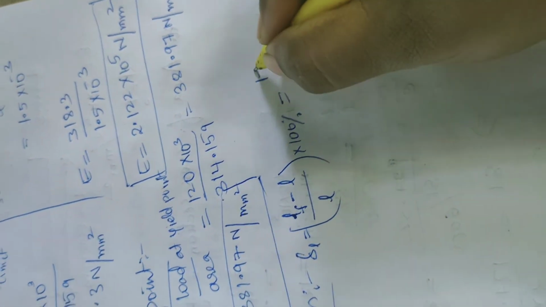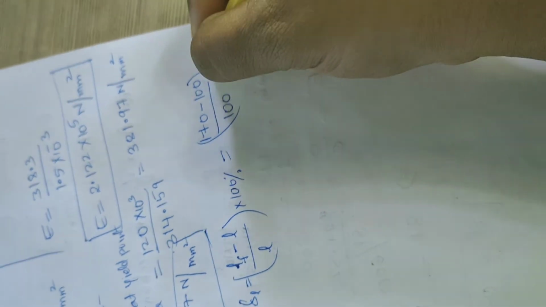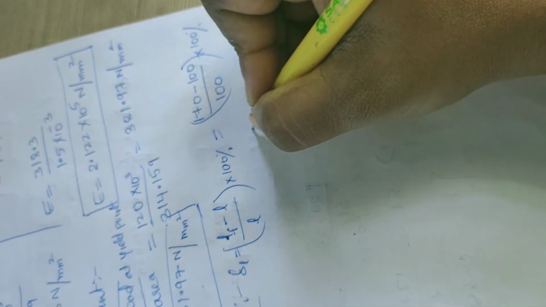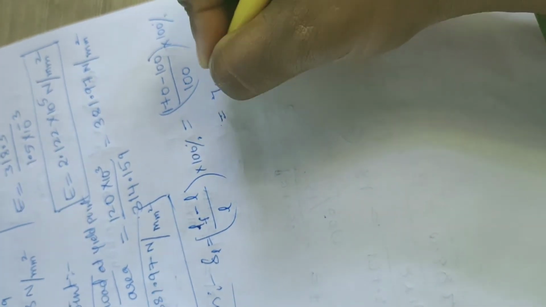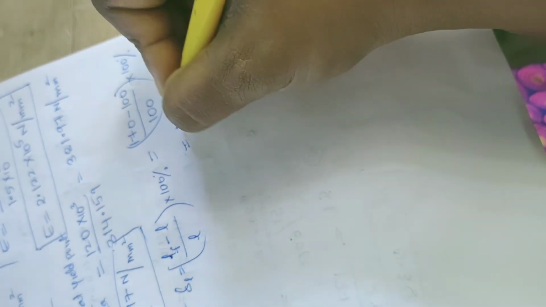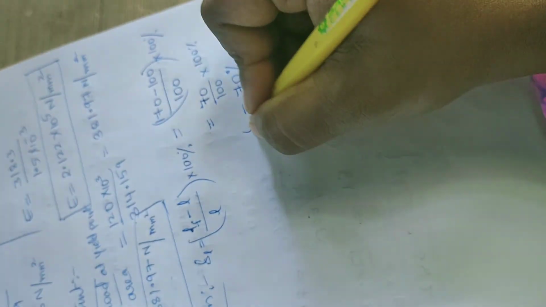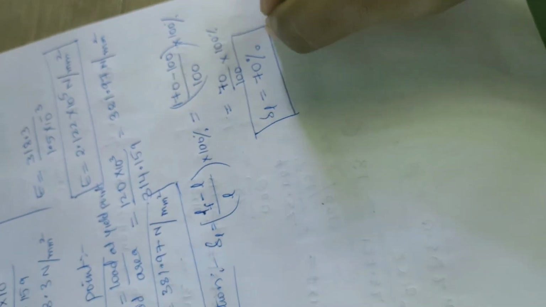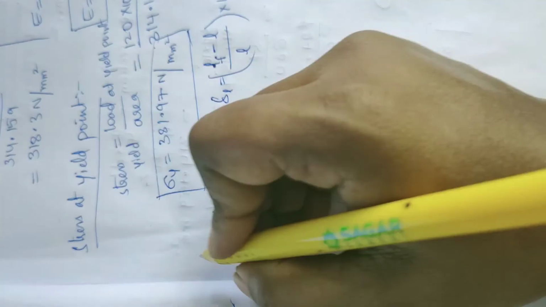So I'll write 170 minus 100 by 100 into 100%. 170 minus 100 is 70. So 70 by 100 into 100 is simply 70%. So percentage elongation is 70%.